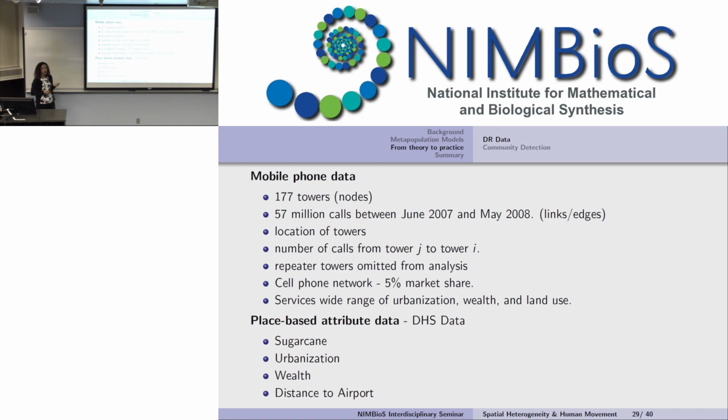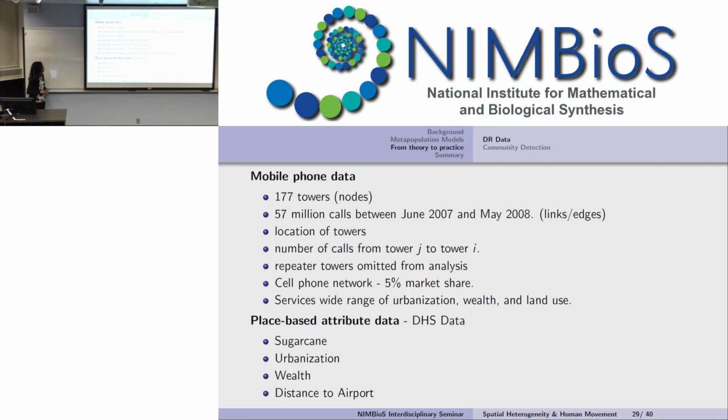There are, of course, some limitations to a data set like this. In our case, it only represented a 5% market share for the Dominican Republic. It also brings up the question of whether cell phones are uniformly distributed across individuals. Of course it's not completely uniform, although it turns out that it does service a wide range of urbanization, wealth, and land use.